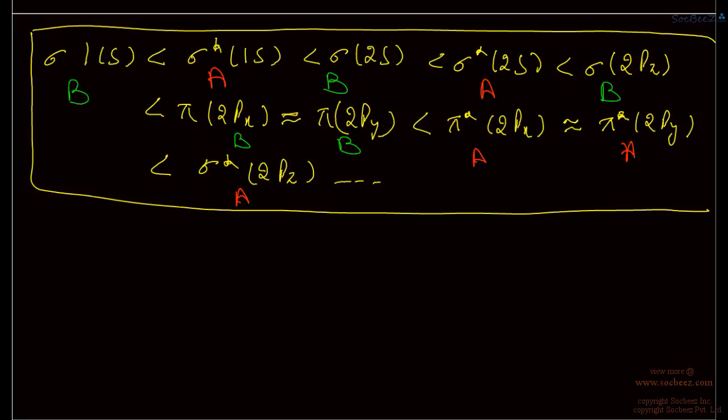So in any molecule, suppose there are n electrons in bonding molecular orbitals and n dash electrons in anti-bonding molecular orbitals.